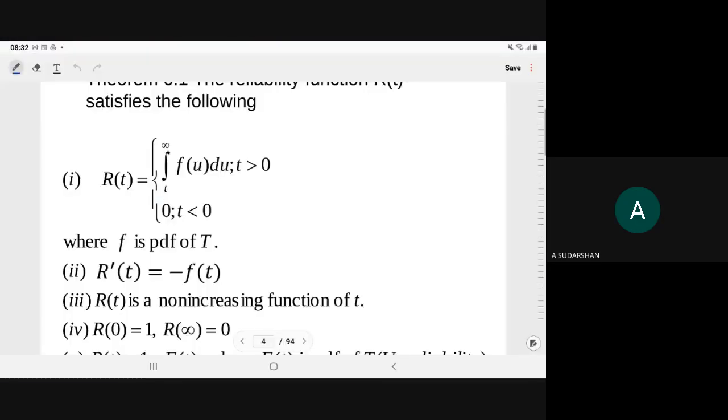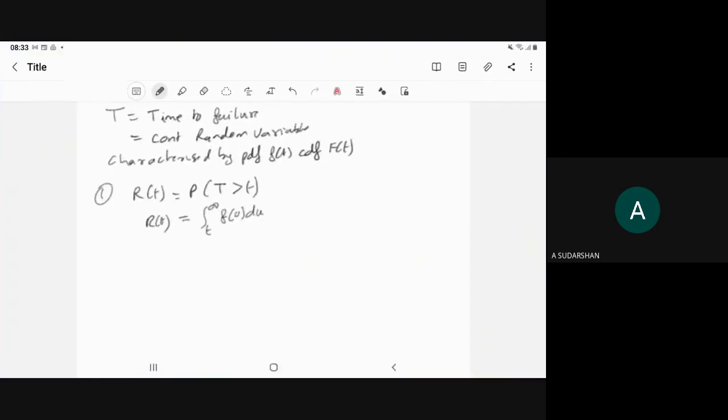In the second part, where f is the PDF of T, R dash t is equal to minus f(t). If you integrate, R(t) is the F(u) from t to infinity, which becomes F(infinity) minus F(t).